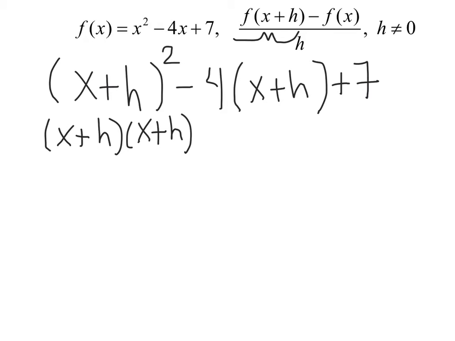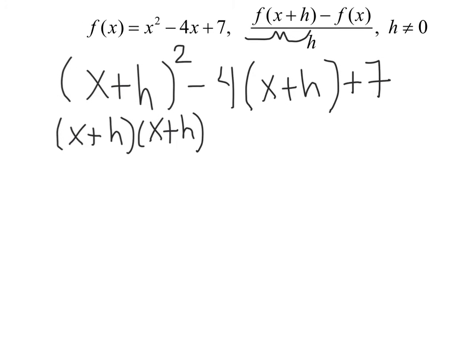And then I can distribute this 4. Okay, be careful because this is a negative 4. So when I distribute it, I need to make sure that I distribute it completely through with its negative sign. So I'm going to get a negative 4x minus 4h, and then a plus 7 on the end.